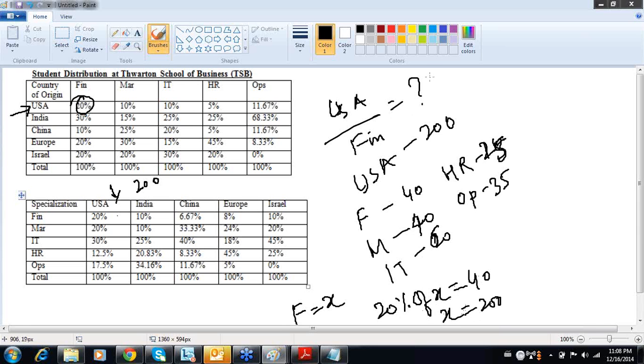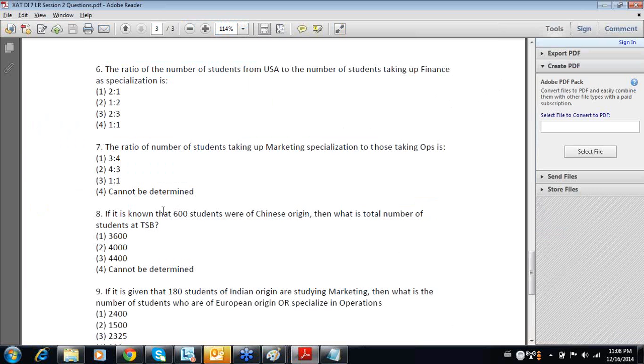So that means if USA is 200, Fin is also 200. So the ratio will be 1:1. We'll go ahead and mark option number 4 as 1:1. Got it, everybody? Anybody has a problem with this question?